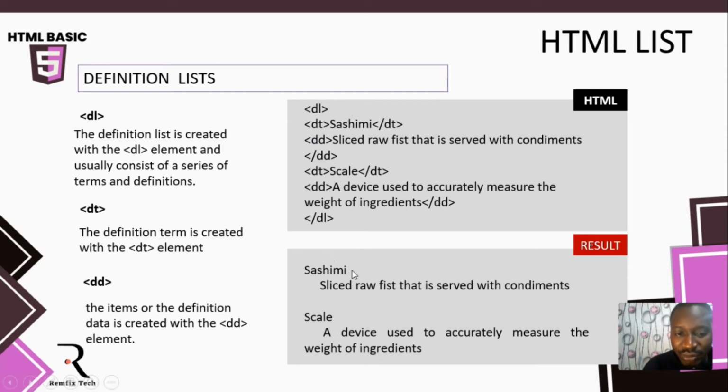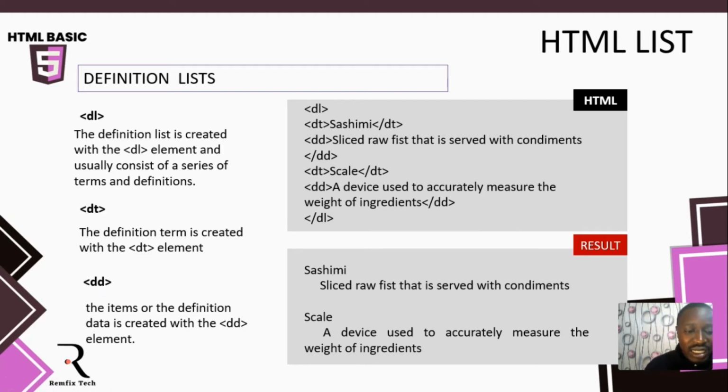This is the term and this is the definition, and you see that there's a bit of tab space for the definition to show that this is trying to define this, right? Now to input the definition, we use the DD tag, which I termed definition data.